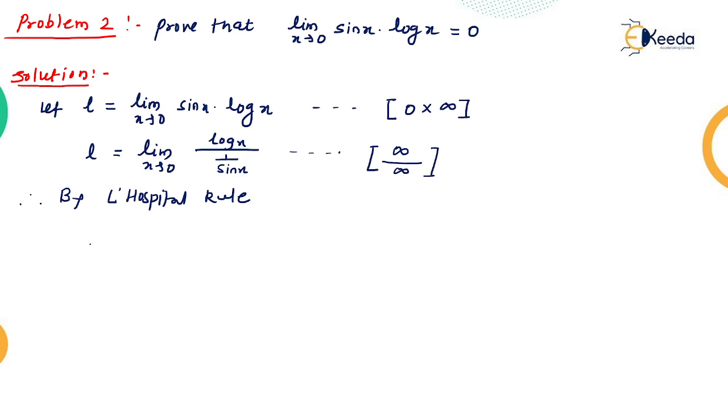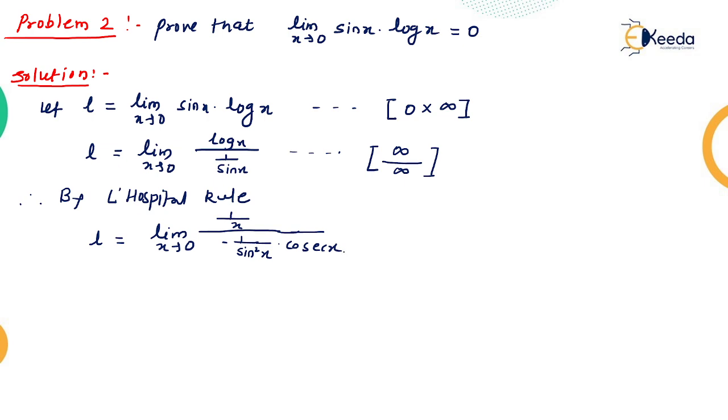So by L'Hospital rule, L is equal to, taking the derivative of numerator and denominator: the derivative of log x is 1 upon x, divided by the derivative of 1 upon sin x, which is minus 1 upon sin square x into the derivative of sin, that is cos x, so it gives cosec x.